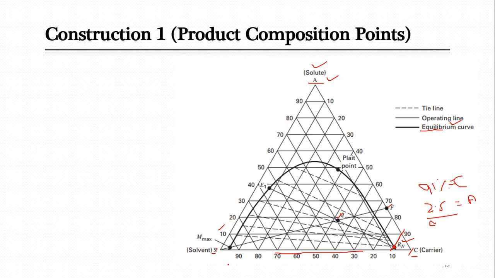To verify that the solvent is in a similar amount, this line shows 10%, so it's below 10%, like 6-7%. You have to locate the exact values when solving the problem. Or you can just use these two, and since the overall sum is 100%, you can find the value of S from there.